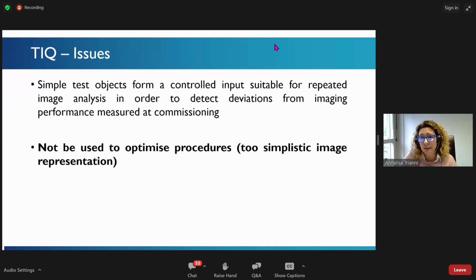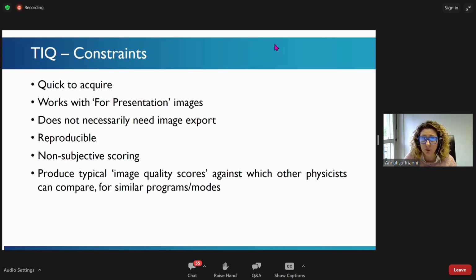When we decided which tests to include, we also put some constraints. The tests need to be quick to acquire. They should work on for presentation images, because for processing mostly are not available. They do not need an export of the image from the system.